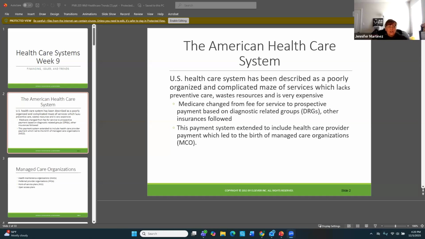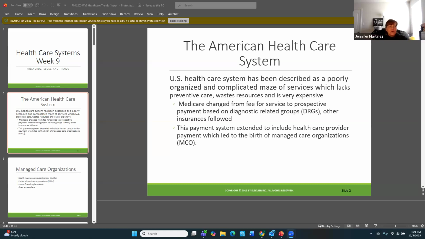And this kind of led to what we call utilization management. And at this time, too, the payment system extended to include healthcare provider payments, which led to developing managed care organizations.